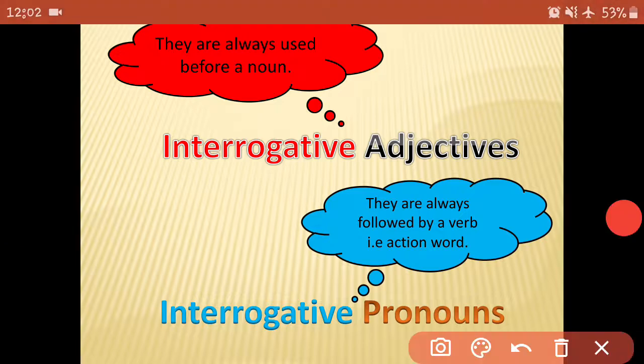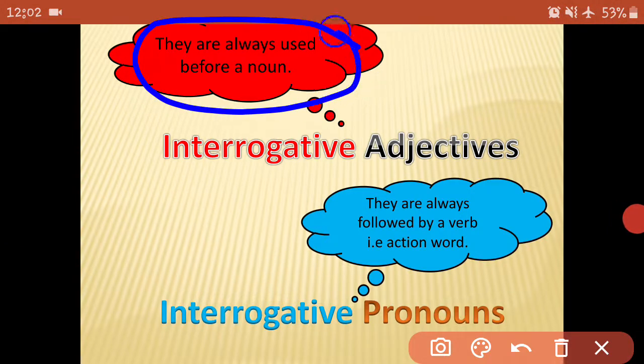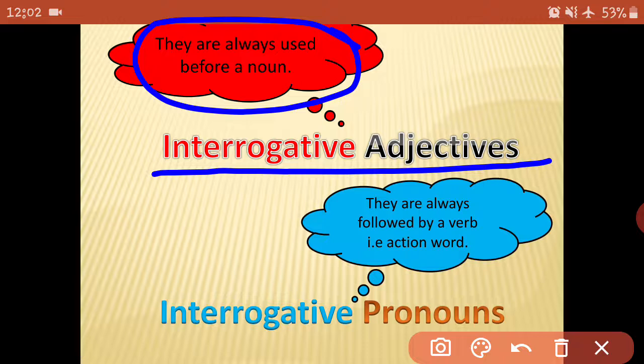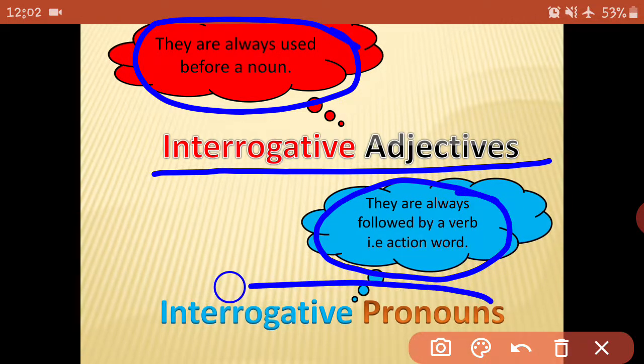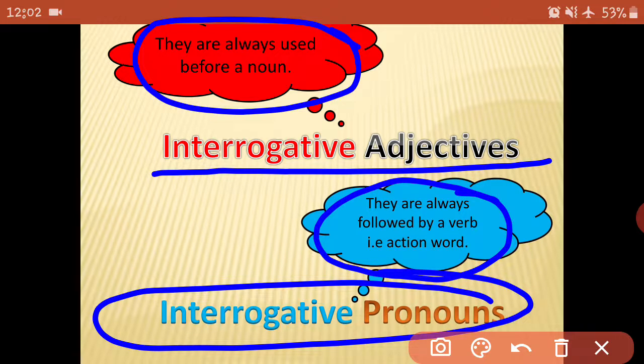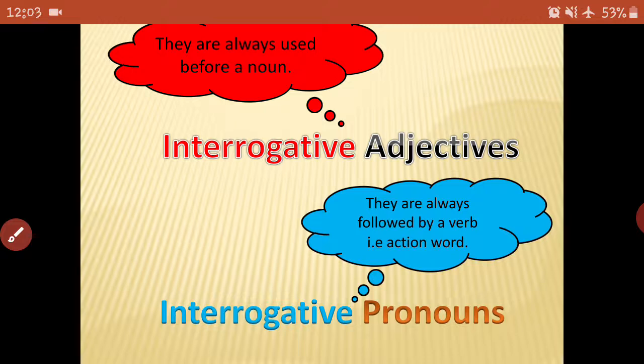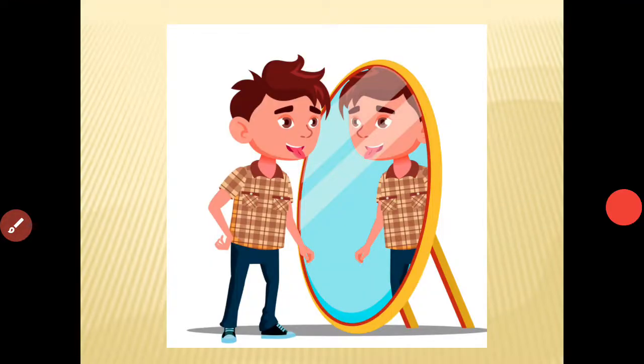We will see whether they are used before a noun. If the word is used before a noun, then it is an interrogative adjective. And if it is followed by a verb, that is an action word, then it is an interrogative pronoun. Because in interrogative pronouns we are going to ask questions, and how will we ask questions without any action, subject or object? In the same way, copy down this bifurcation.